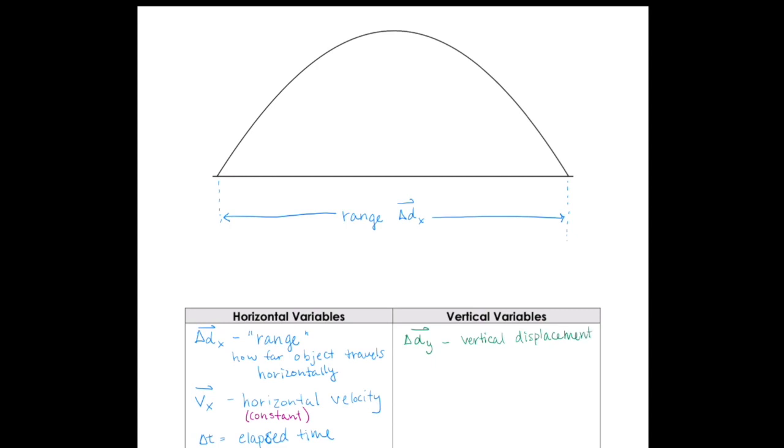Okay, the vertical displacement is greatest at the max height of the parabola. Okay, and at the bottom of the parabola, the displacement is going to be 0.